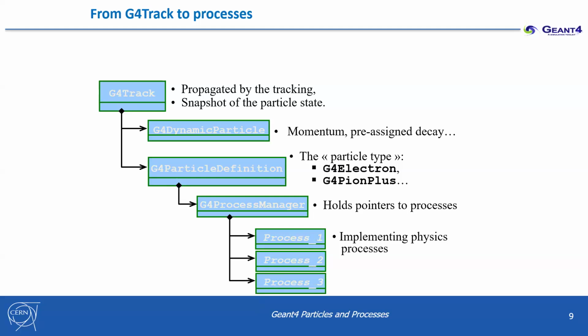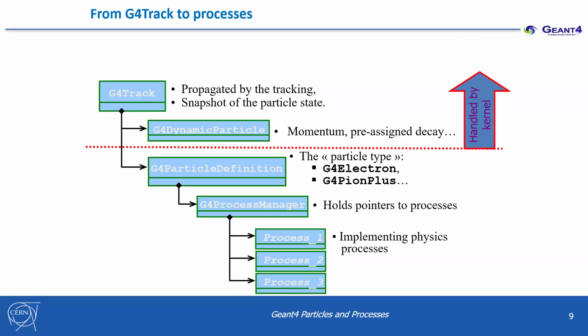And in this scheme, when we propagate track through material, we know everything in physics. We know what type of particle we have. We know which physics processes may happen.